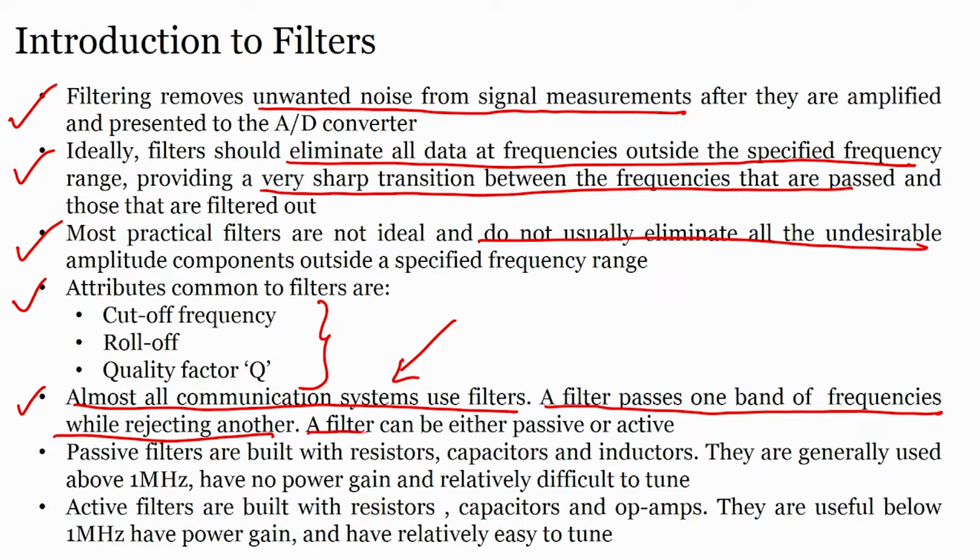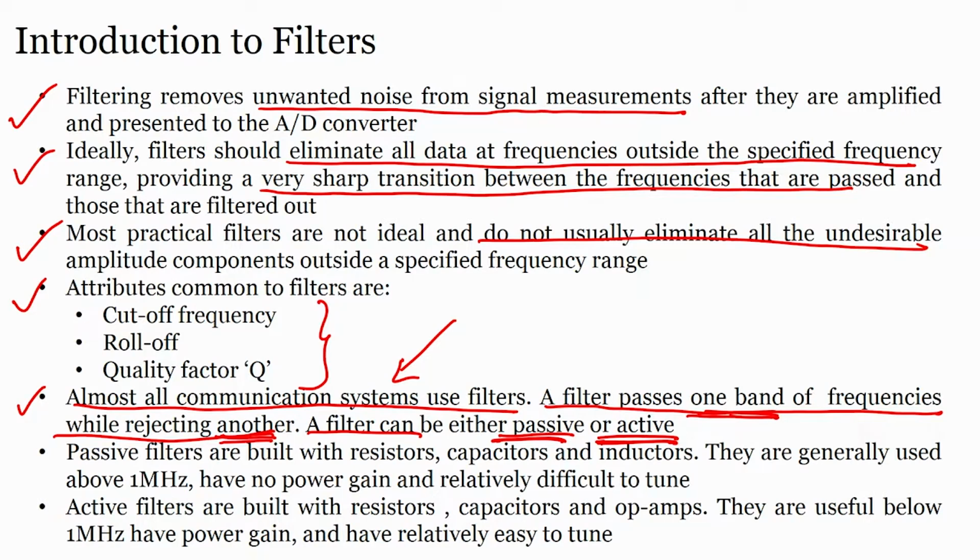A filter can be passive or it can be active. This I have already discussed, right. There are active filters, there are passive filters. A filter passes one band of frequencies while rejecting another, and a filter can be passive or it can be active.